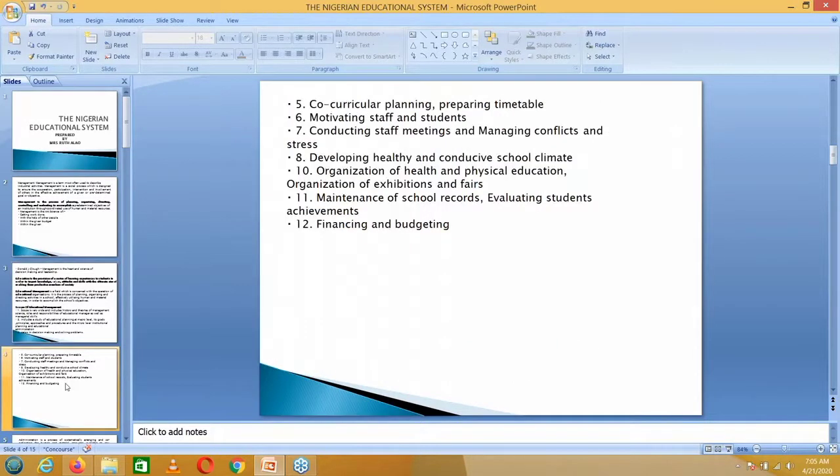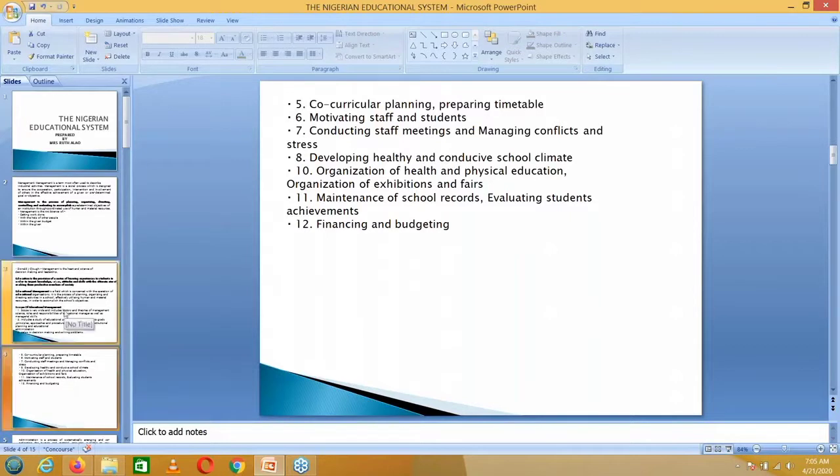The scope of educational management also cuts across planning of curriculum, preparing of timetable, motivating staff and students, conducting staff meetings and managing conflict and stress, developing healthy and conducive school climate, organizing of health and physical education, organization of exhibitions and fairs, maintenance of school records, evaluating students' achievements, finances, and budgeting.